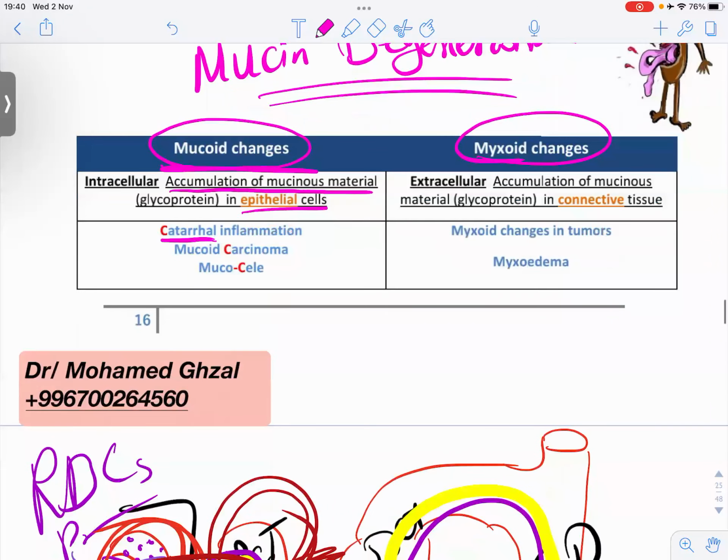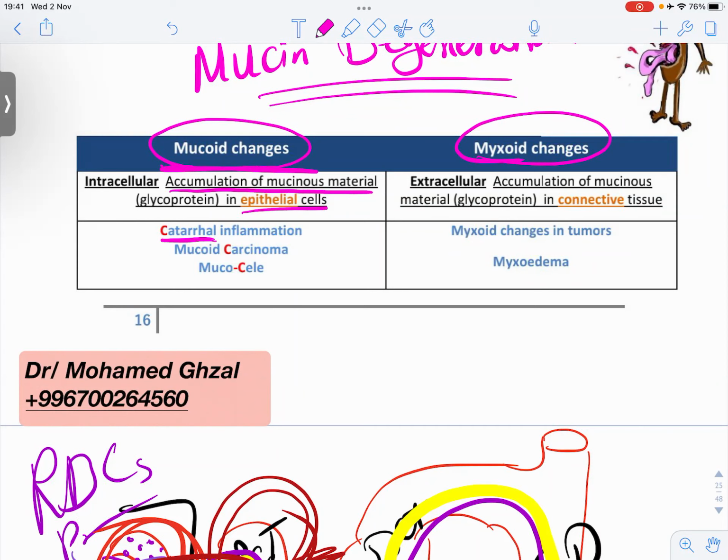The second one is mucoid carcinoma. Mucoid carcinoma means cancer of the epithelial cells. When the cell gets cancer, the cell, of course, will be mad, crazy. So the cell will start to secrete a lot and a lot of mucin protein, because it's not under our control. So the cell will be accumulated with a lot of mucin, and we call it mucoid carcinoma.